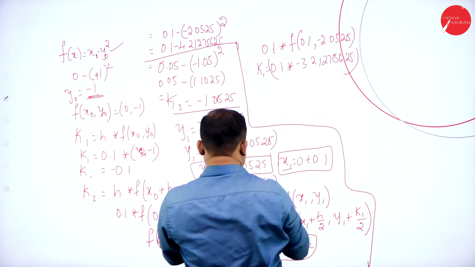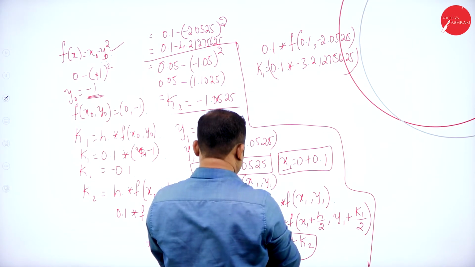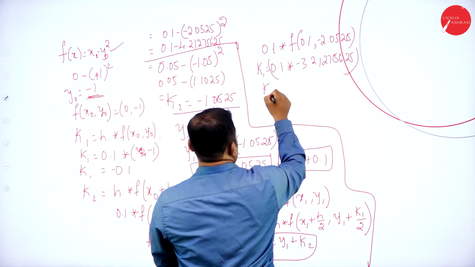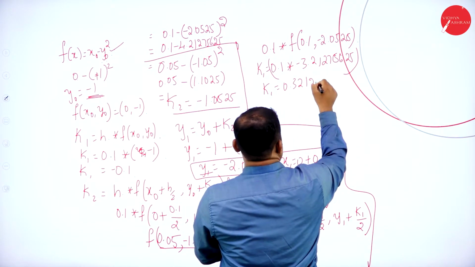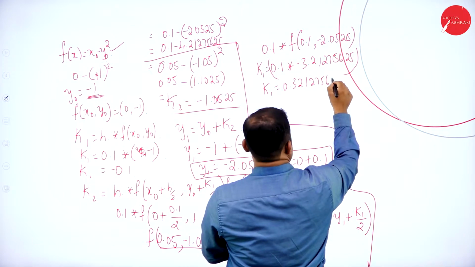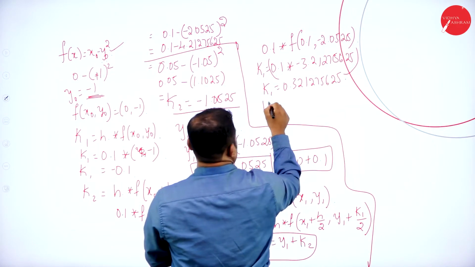That is this term into 0.1. That gives me the value K1 is equal to 0.321275625... with a minus sign. If that is the case, what is the value of K2?